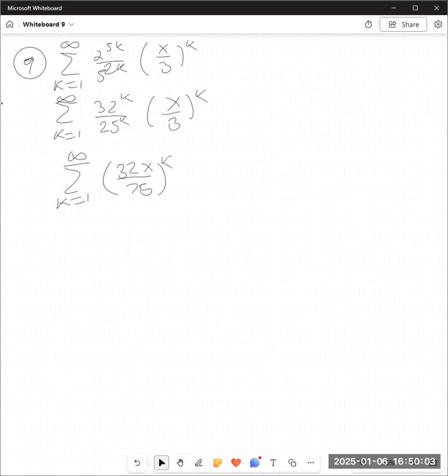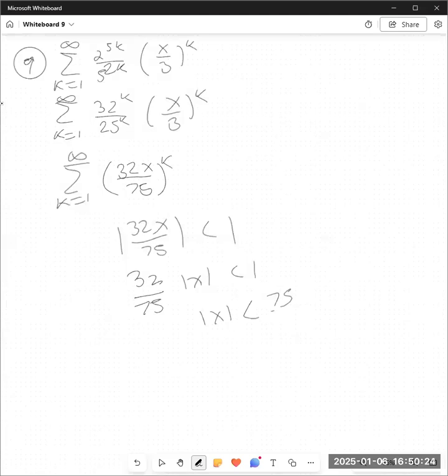I'm going to use the root test here and say the absolute value of 32x over 75 needs to be less than 1. So this is 32 over 75, absolute value of x less than 1. Absolute value of x less than 75 over 32. So there's my r, 75 over 32.